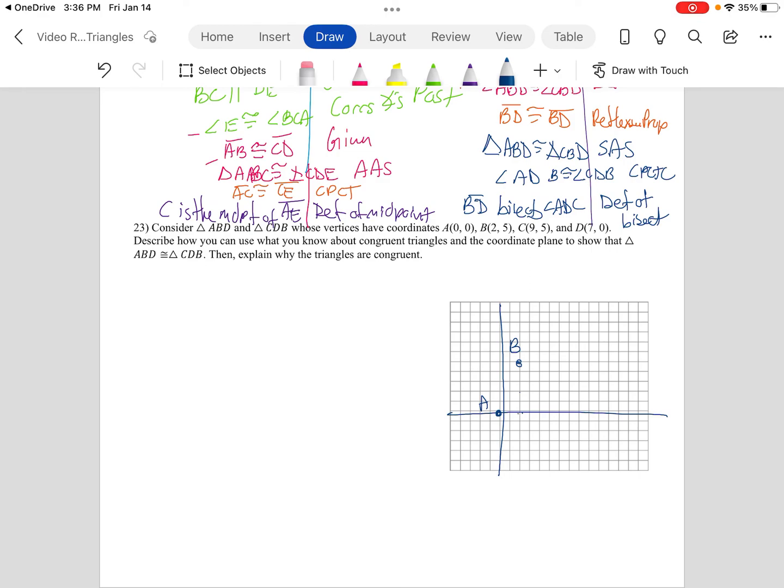C is 9, 5. Just make sure. There's C, and D is 7, 0. Right here, 7, 0. So there is D.